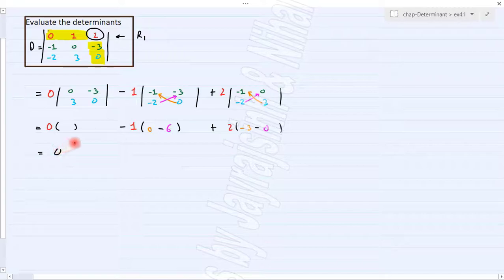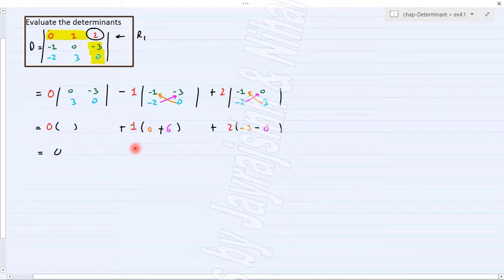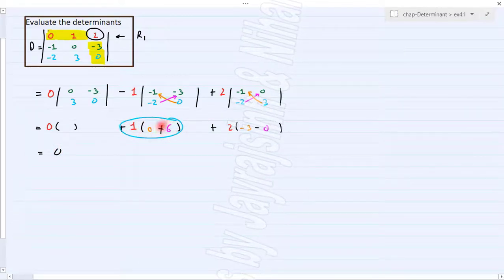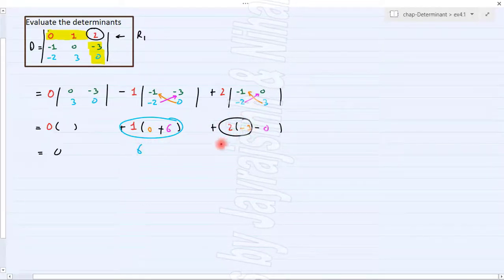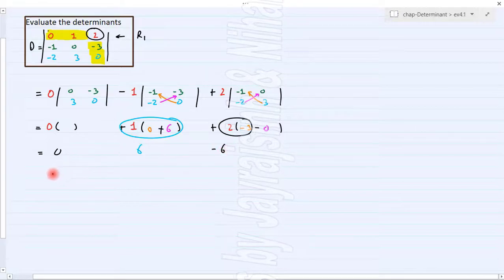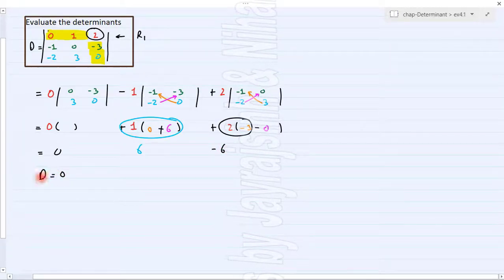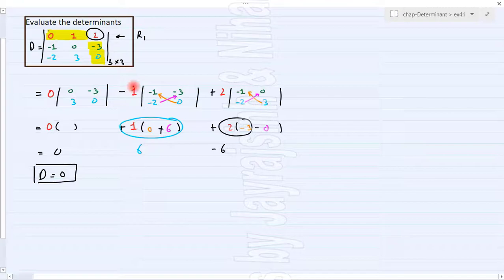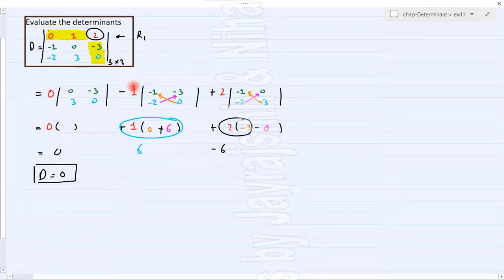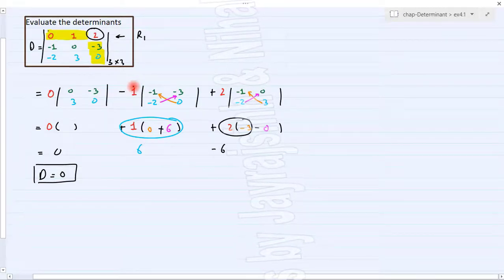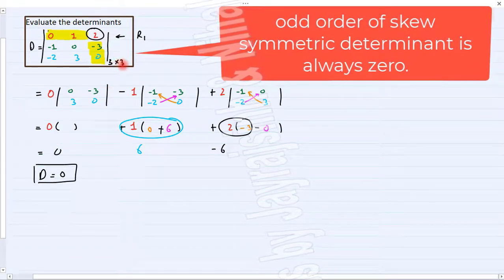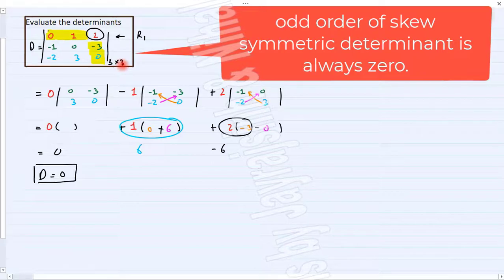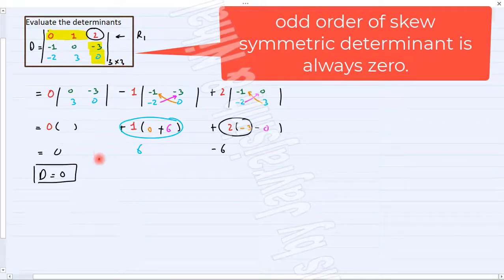So first term will be 0, minus become plus and will give us plus 6. And in second term, 2 into minus 3 will give us minus 6. So your determinant will be 0. So from this example, we can remember one property of determinant. Always remember the odd order of skew symmetric determinant will always be 0.